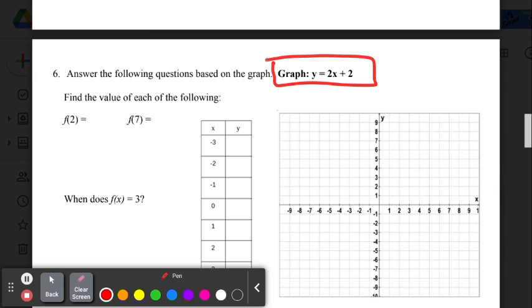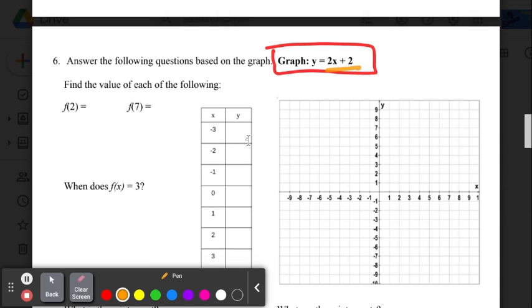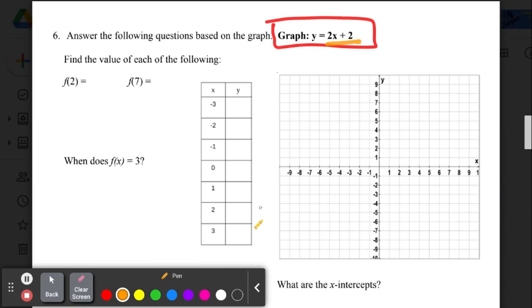We're graphing the equation y equals 2x plus 2. So we have to put this into our y equals, put that in there, and then go to second graph and fill in your table. So I filled in my table, and now I'm going to just plot my points. -3, -4.